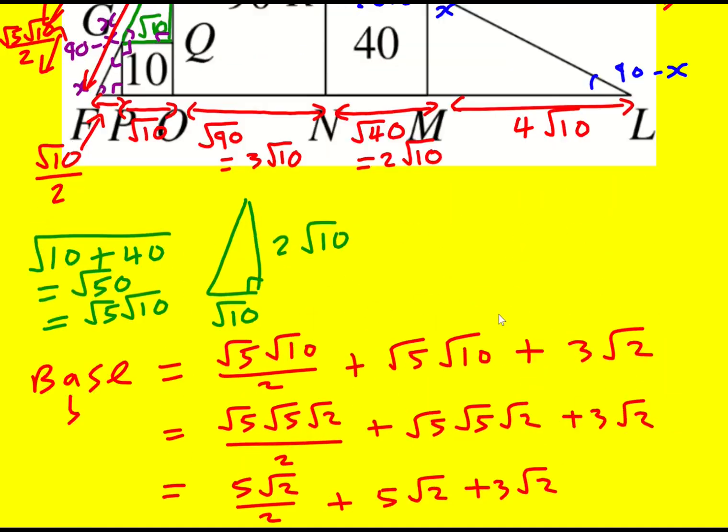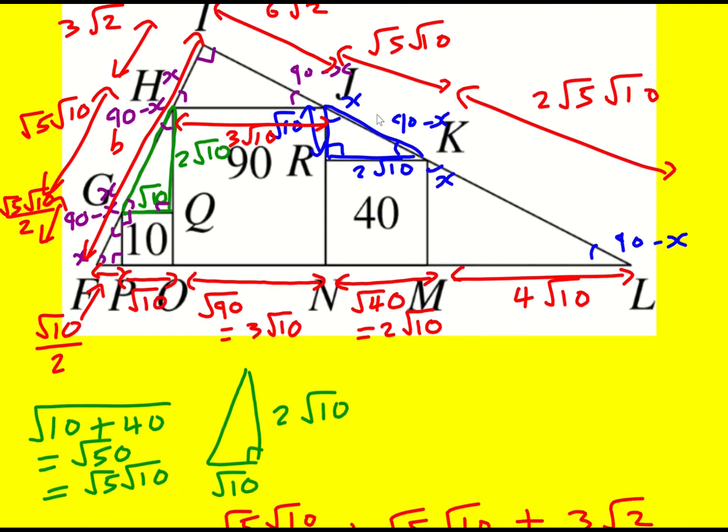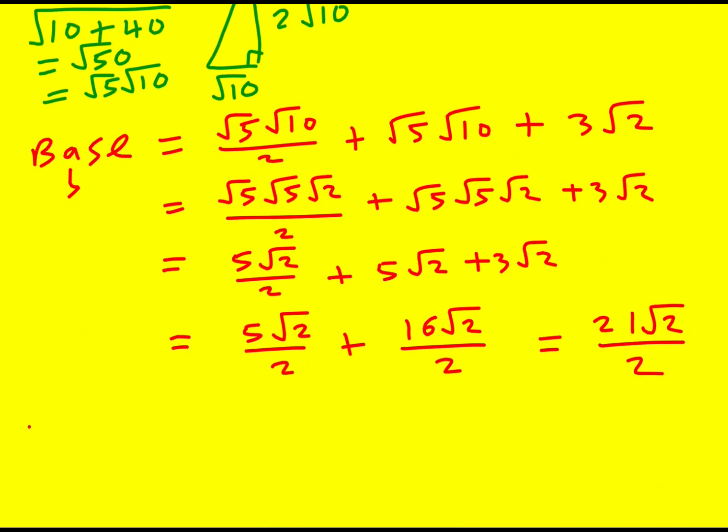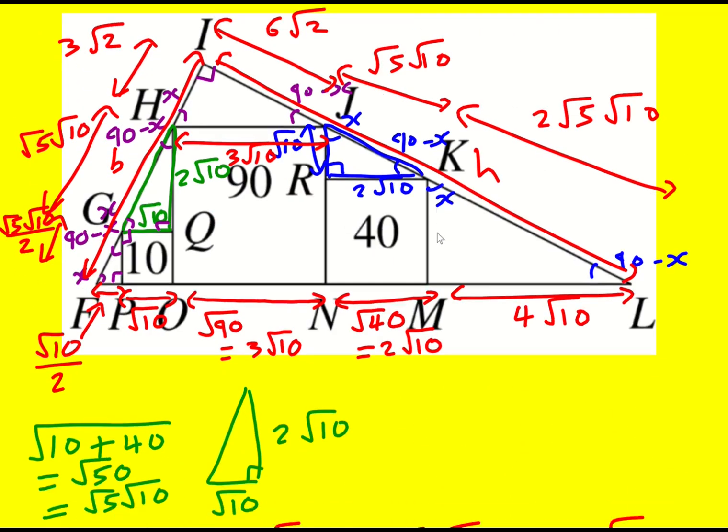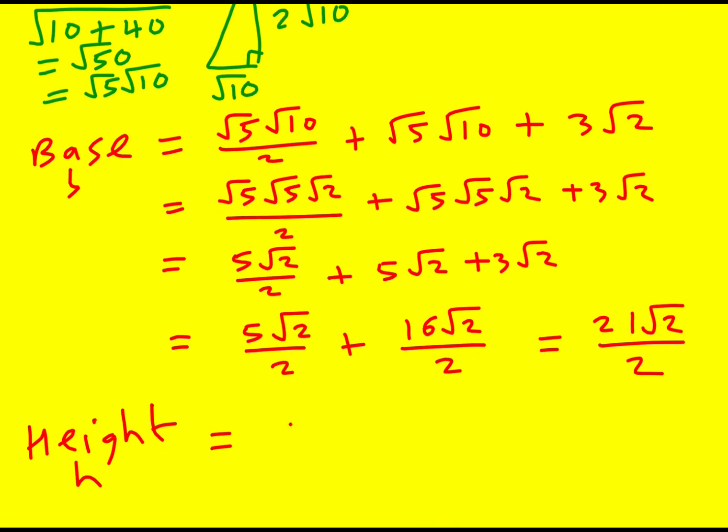Okay, good. And now my height is going to be this one here for me, because there's the right angle. So I'll call it H. Now I need to add these up. So I've got 6 root 2 plus root 5 root 10 plus 2 root 5 root 10.